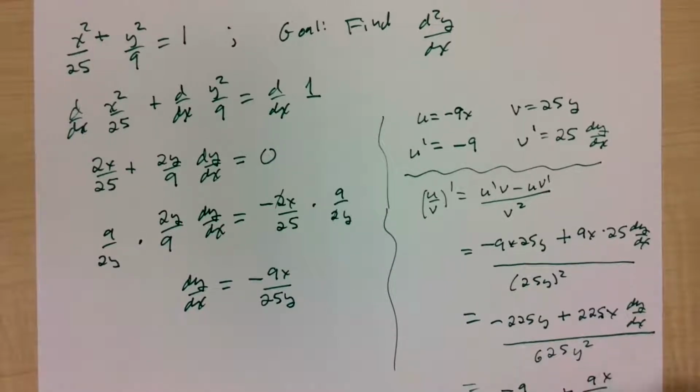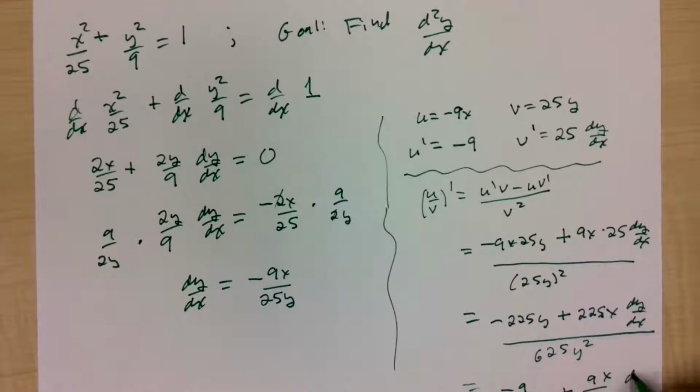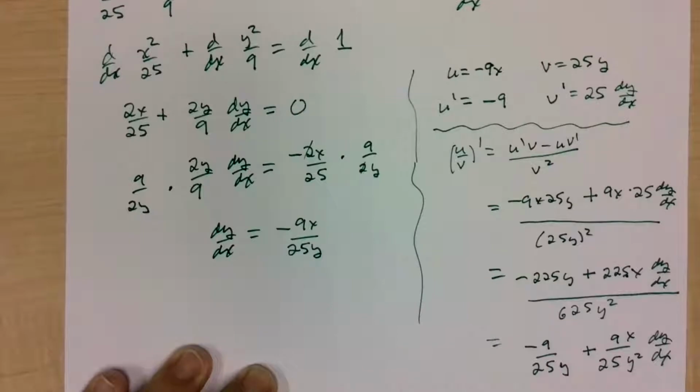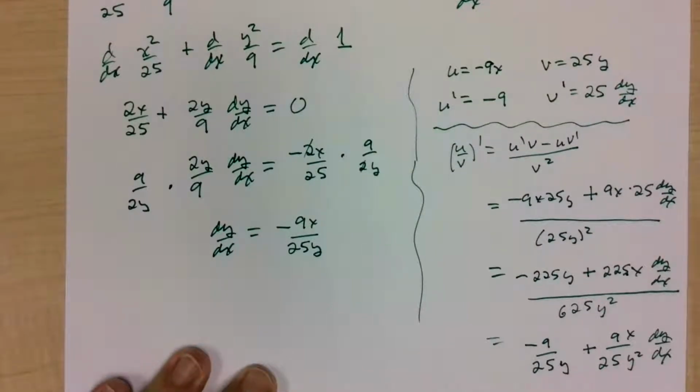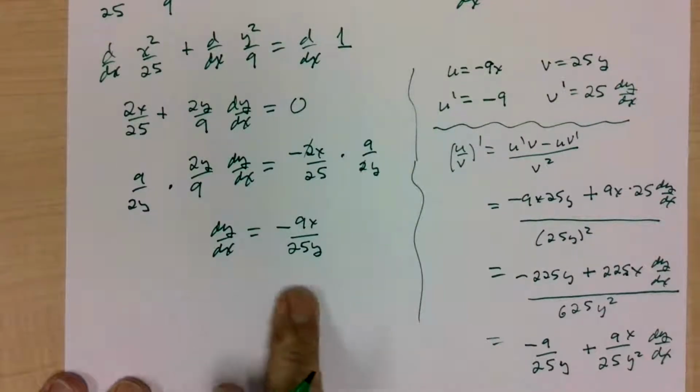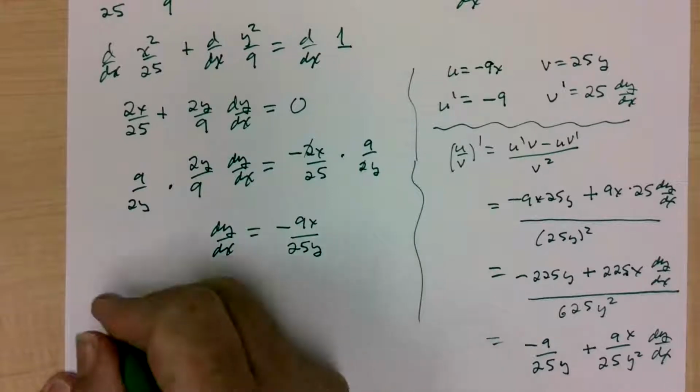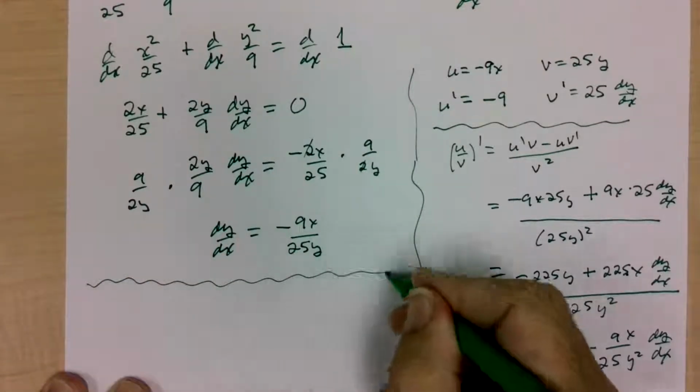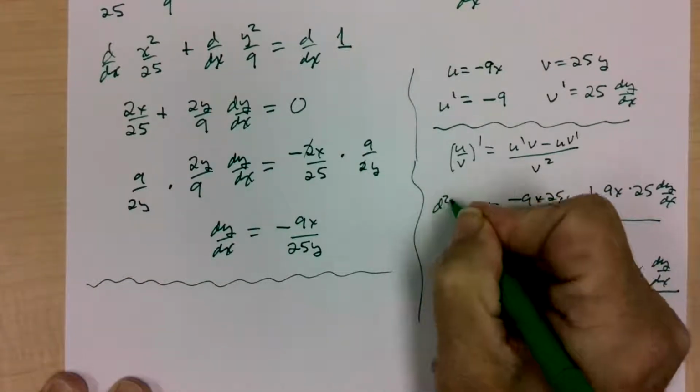But here we get x over y squared times dy/dx. But we know what dy/dx is. dy/dx is right there. So my second derivative is all of this.